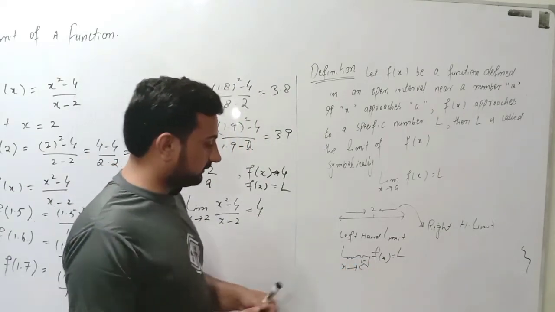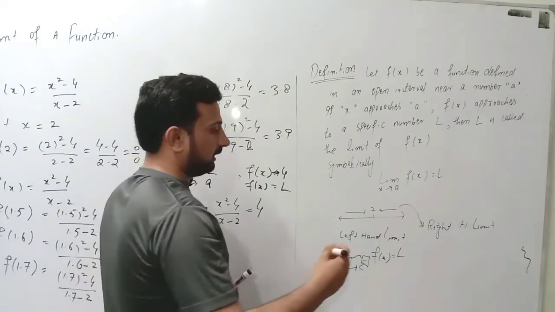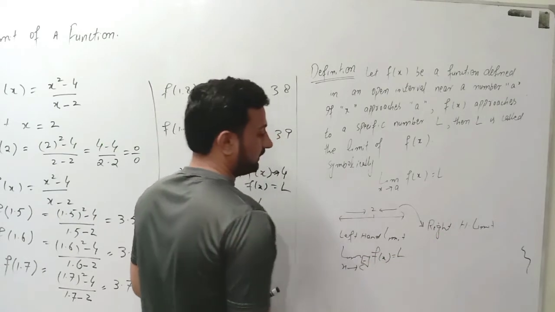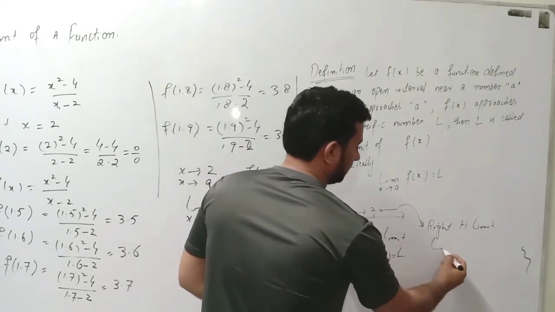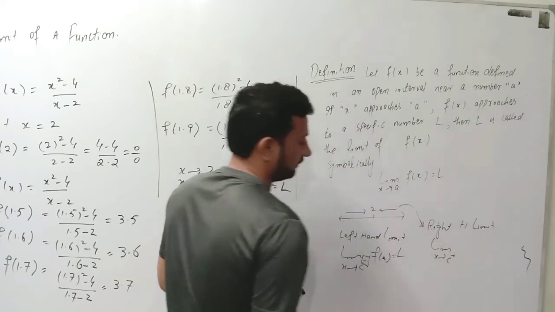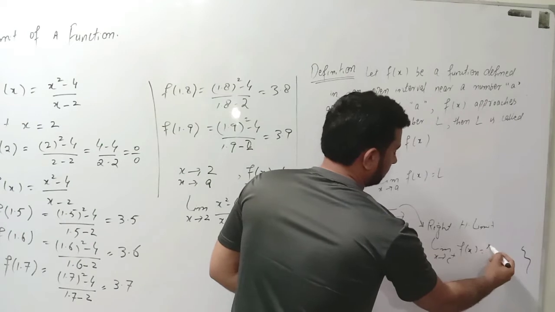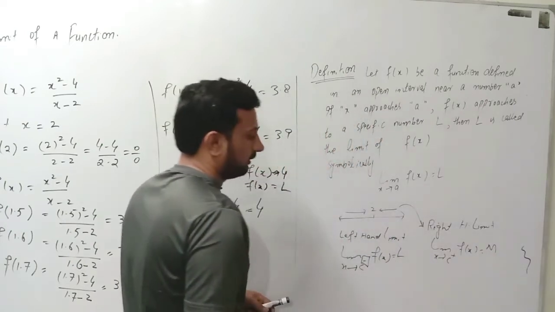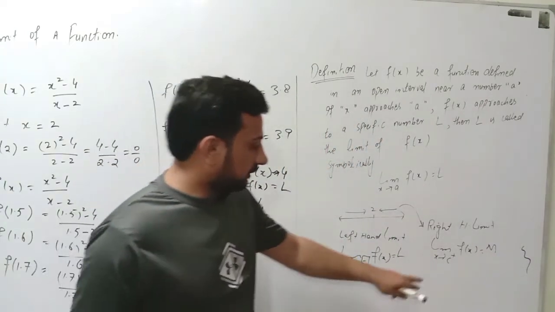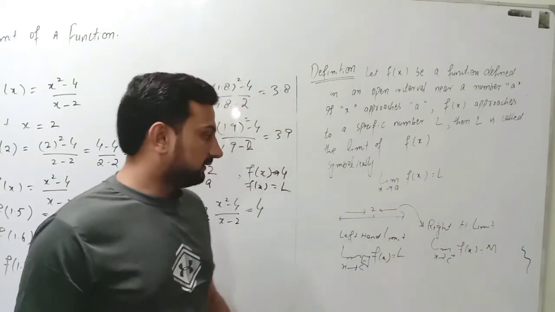It's just indicating that we are approaching from the left side. And when we use right hand limit, we will write limit x approaches c, and now we will put a plus sign on it, that will be equal to f of x. So let's suppose it is approaching towards m, any specific number. So here the plus sign is indicating that we are approaching from the right side.